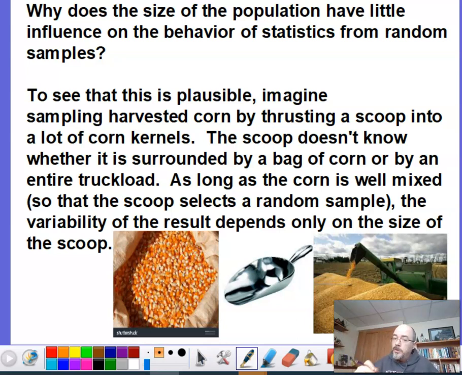As long as the corn is well mixed, so that the scoop selects a random sample, the variability of the result depends only on the size of the scoop. Smaller scoops, smaller samples, produce wider spread. Bigger scoops, less spread. So it doesn't matter if it's a bag or an entire truck.